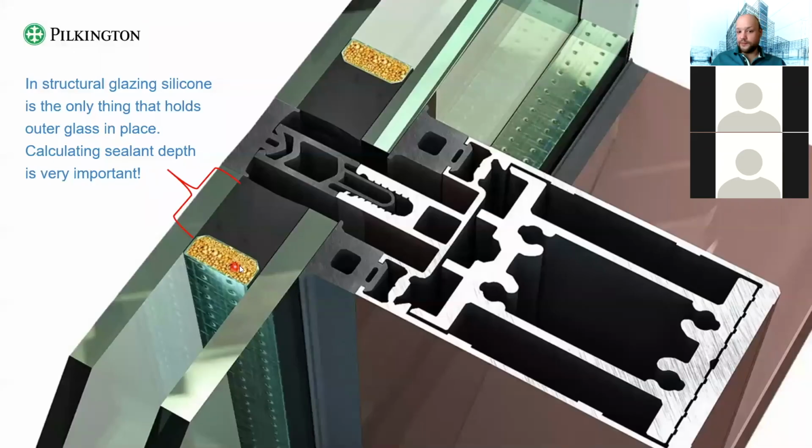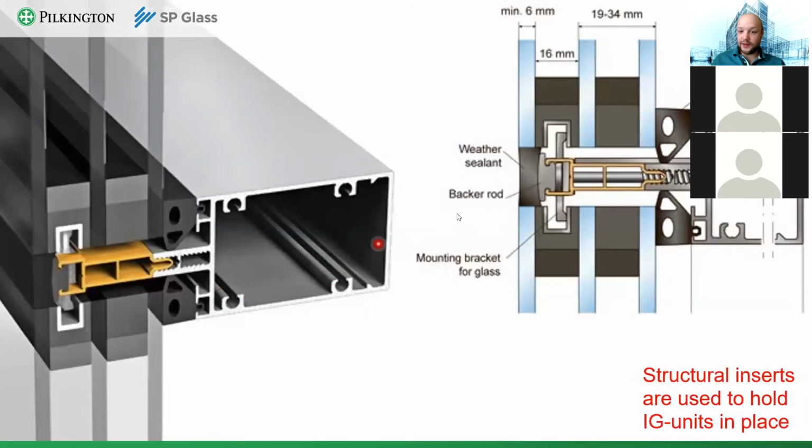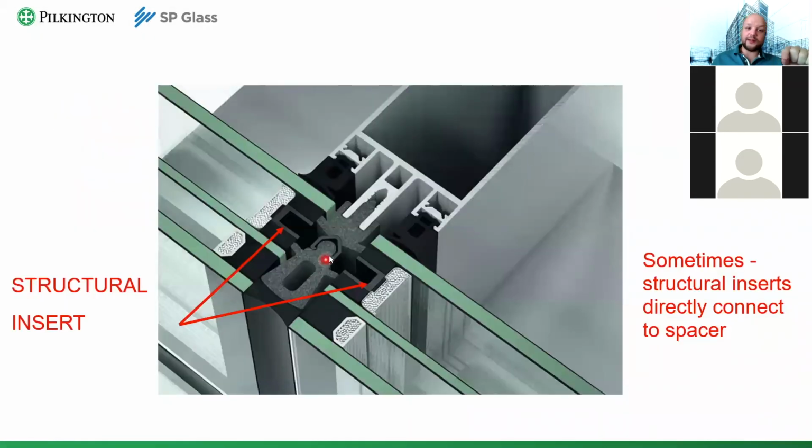This is double glass, so the structural insert should be somewhere here, but down the line. Another option, and you can see that here, the IG unit is held on the outer spacer, while in this system, it is held on the inner spacer. So you see, again, the difference.